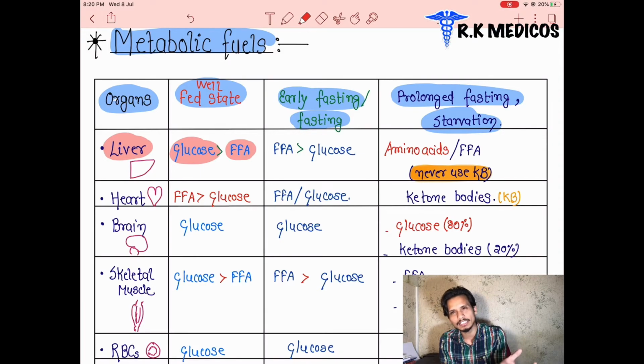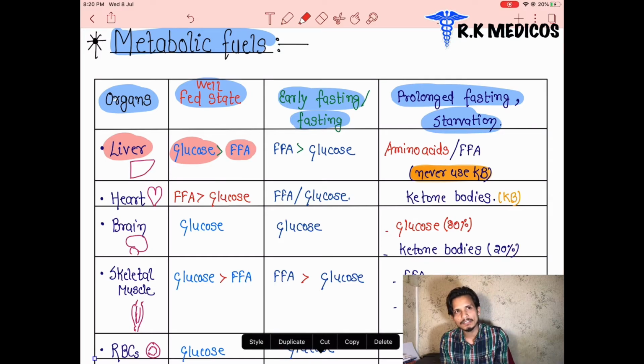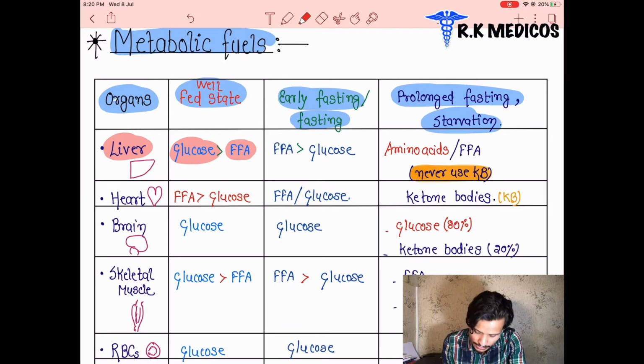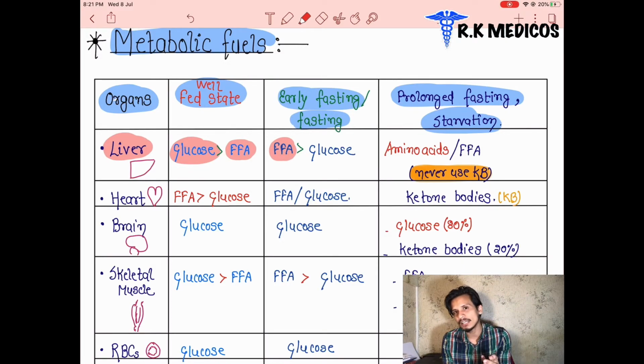But what are the differences? In the well-fed state, the liver uses two main types of energy sources, glucose and free fatty acids, and the one mostly used is glucose. Next, in the early fasting or fasting state, the liver mostly uses free fatty acids.